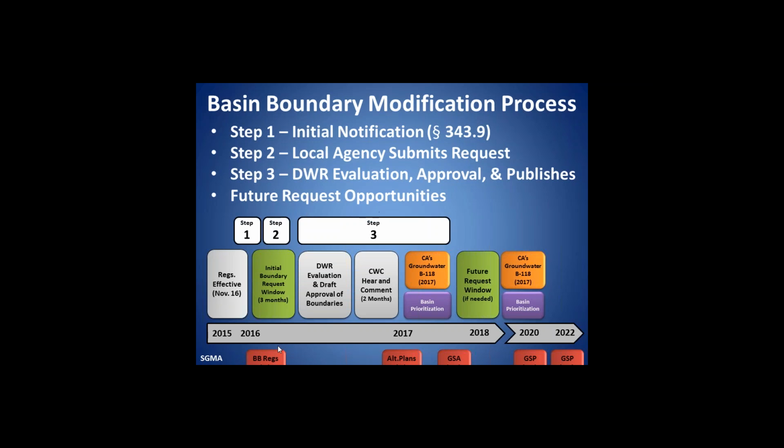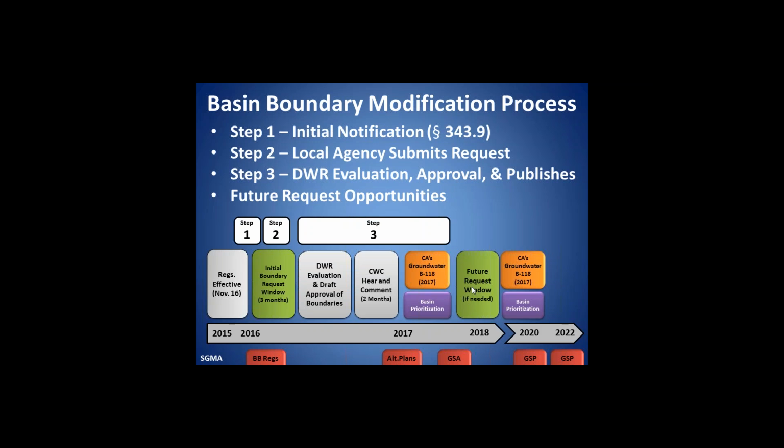So once we've completed this initial window and GSAs have been formed, if at a later date there is a clear necessity that additional boundary modifications may be necessary, we may be able to accommodate that need in late 2018 and try and develop another boundary modification request prior to submission of the GSPs in 2020.